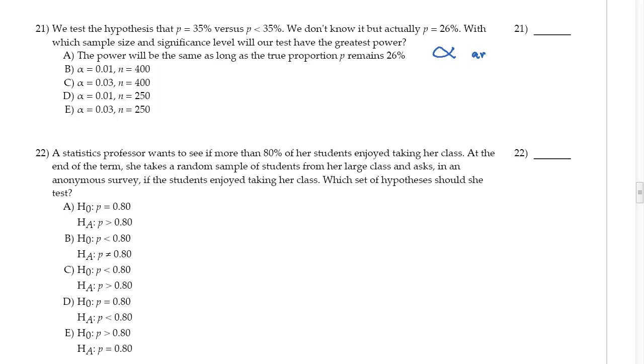Alpha and power also have an inverse relationship. As alpha gets greater, the power of the test goes down. But we haven't talked about how to deal with this particular problem, so I'm going to skip this one.